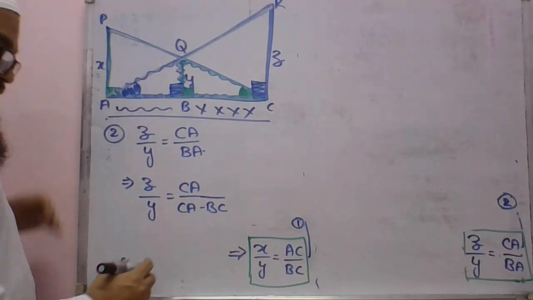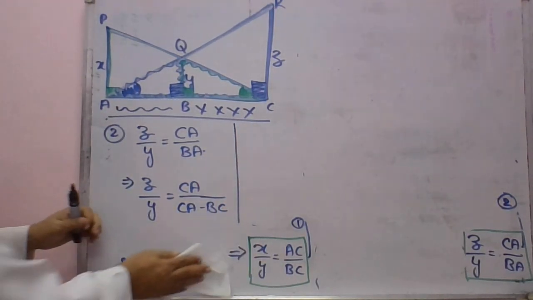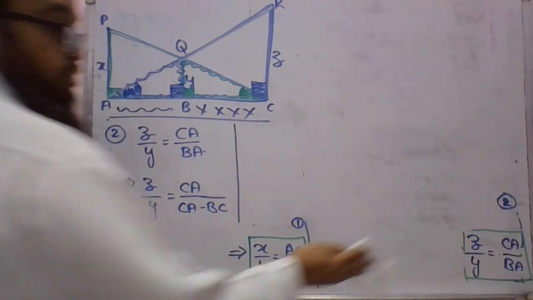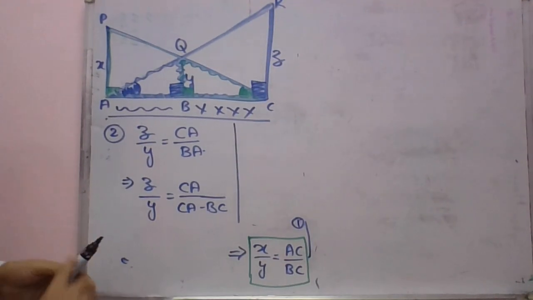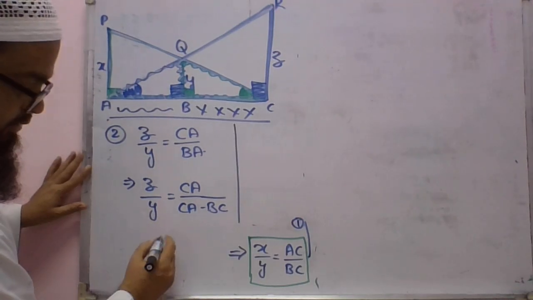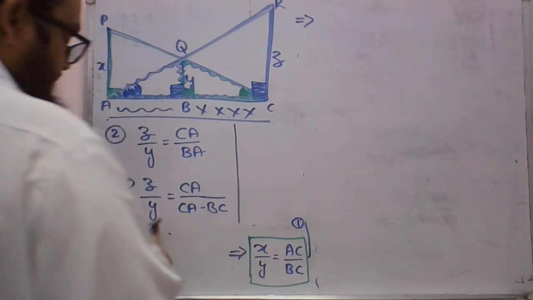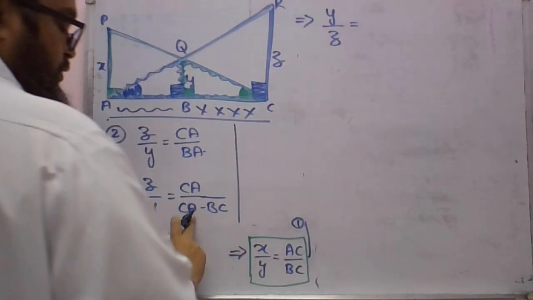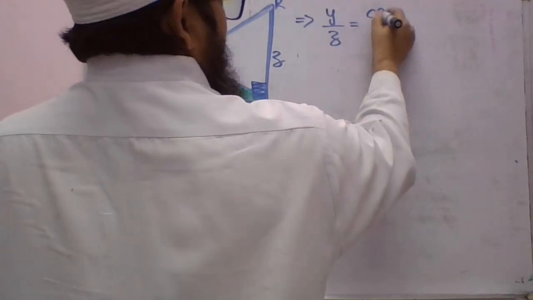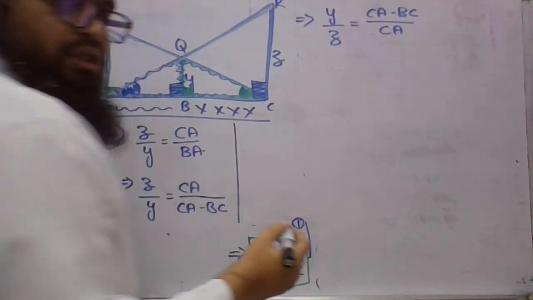Now shall I rub the first equation also? Since I have no first equation, I have not copied. Let me rub this. Now let me take the reciprocal. So that implies Y by Z is equal to CA minus BC, which comes to the numerator, divided by CA. Understood?